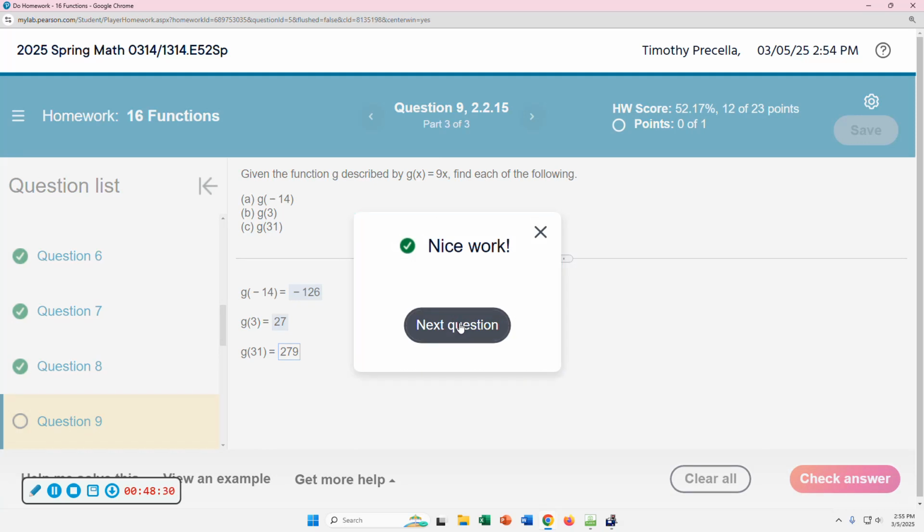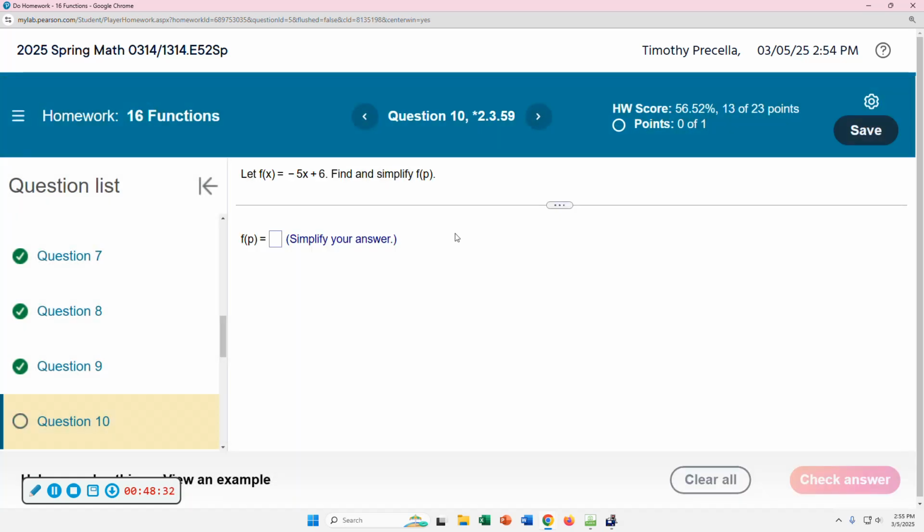Okay, we're just flying through here. If you understand what we've been saying, then you can just type the answer in without writing anything down. Who wants to call out the answer to this one? Wait, what did we say? Whatever's in the parentheses, what do you do with it? Plug it in for x. Having said that, can y'all call out what we're going to type in on number 10?